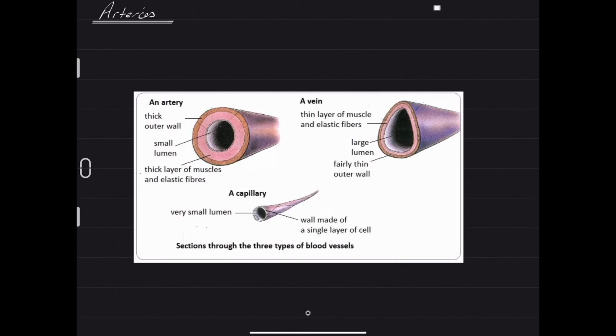This is just another way to see it, taken away from the whole double circulatory system and just showing you a quick cross-sectional area of arteries, veins and capillaries. As I said, for your exam, you will need to be confident in identifying these types of blood vessels without any labels, just by the image.